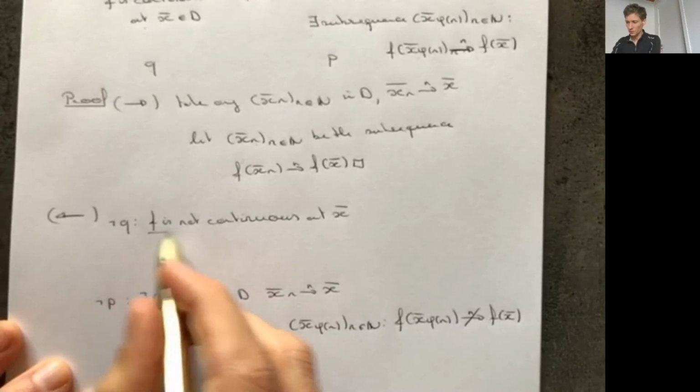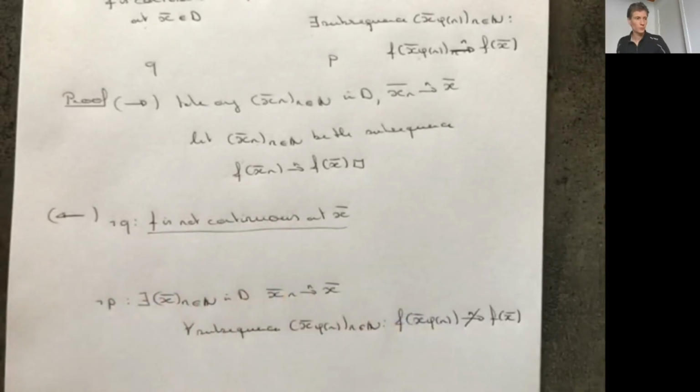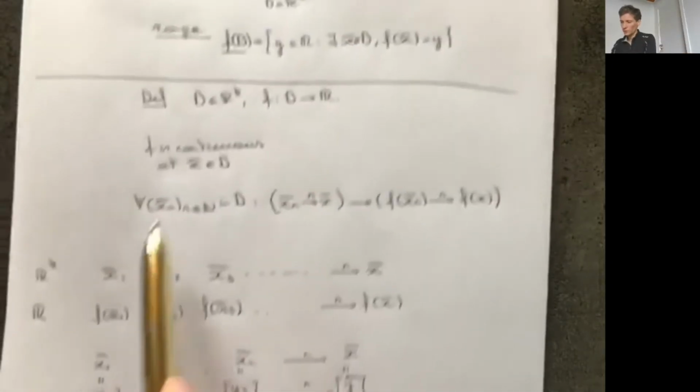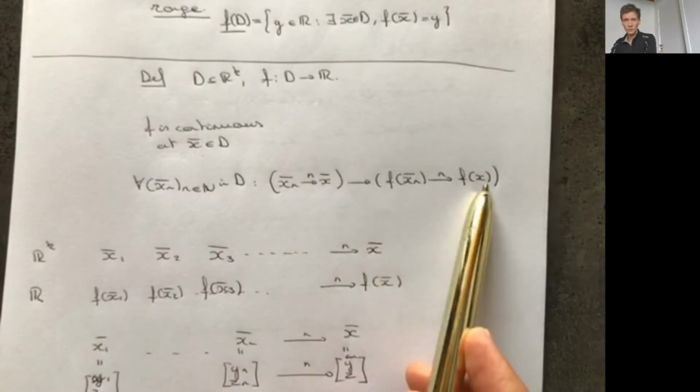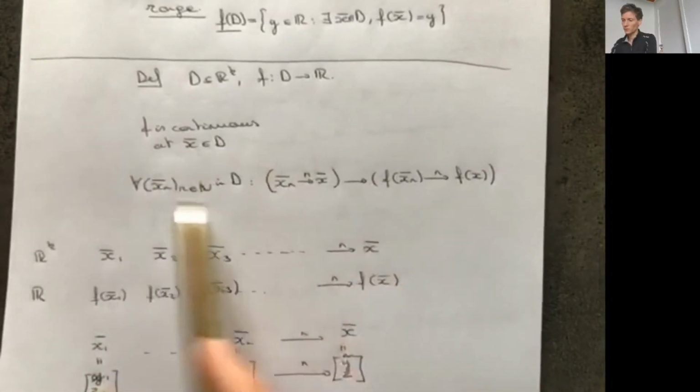So let's first have a look at this. What does it mean for f not to be continuous? When f was continuous at x, we had that for any sequence in D, if the sequence converges to x, then f of xn converges to f of x. So you need to negate this formula.